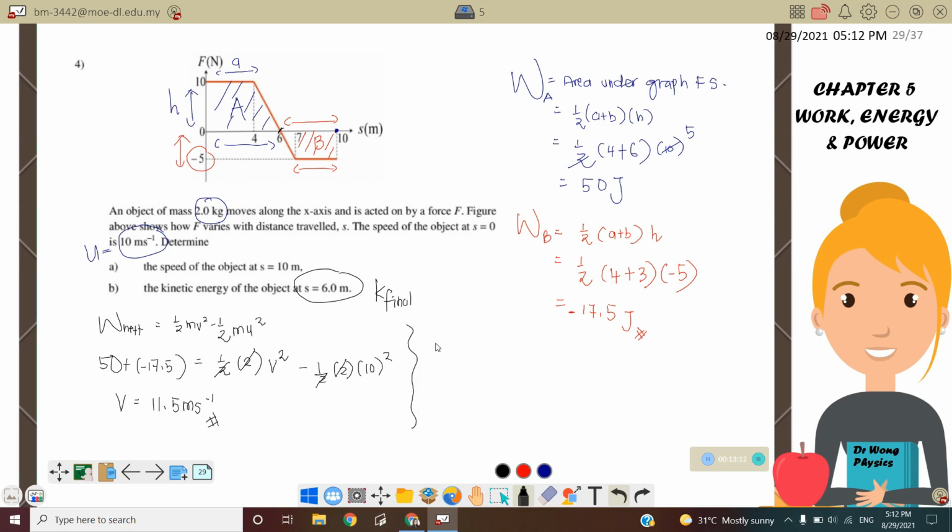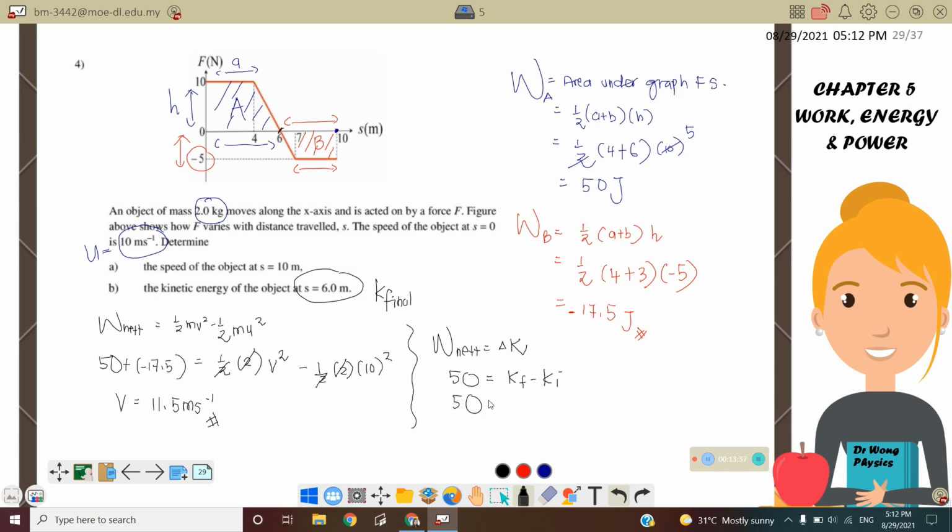So we can use net work equals change of kinetic energy. Because we want to find up to 6 meters, for the net work done we only take part A, where the net work is 50 only. It equals K final minus K initial.